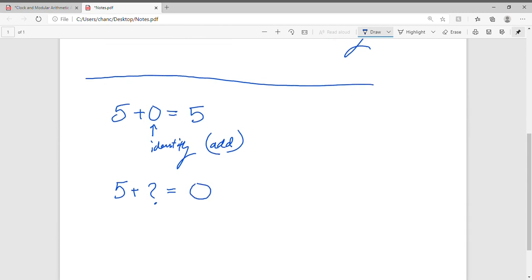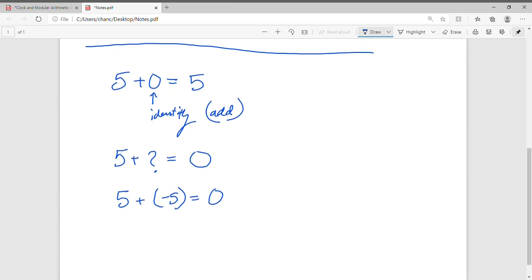So what is the inverse of 5? The inverse of 5 is going to be negative 5, because when you add that to your number, you get the identity back. So negative 5 is considered our inverse. And this inverse is for addition, regular addition.